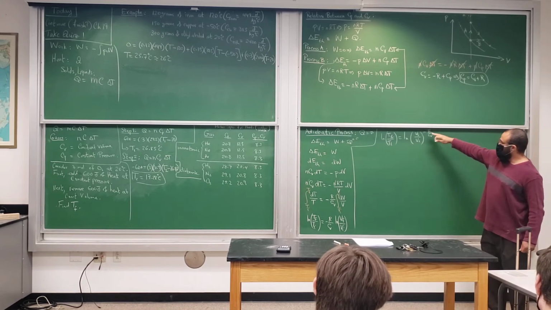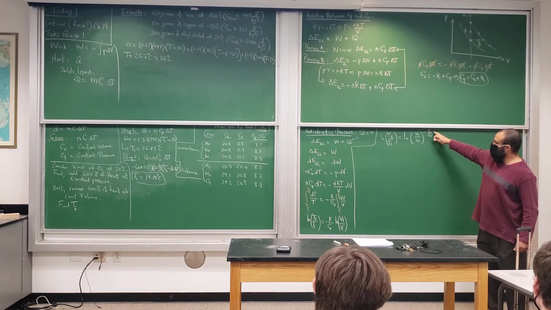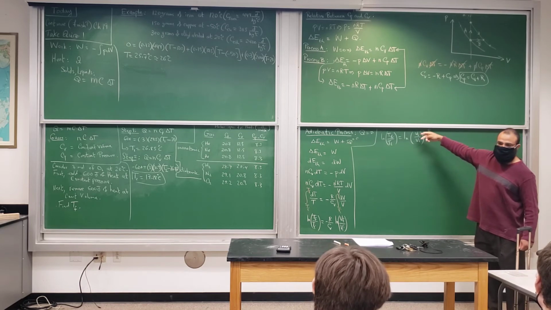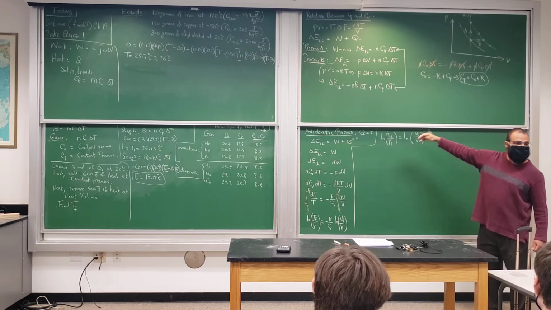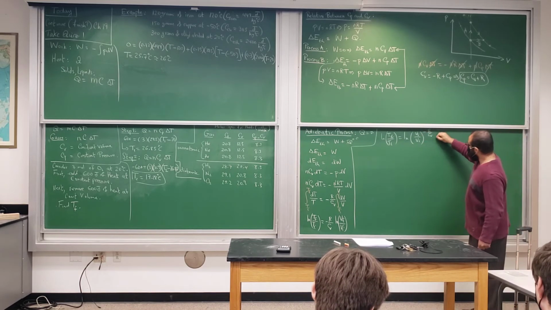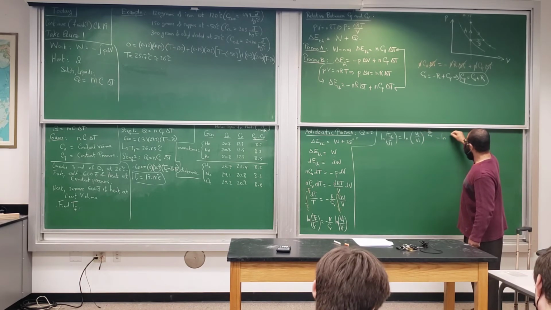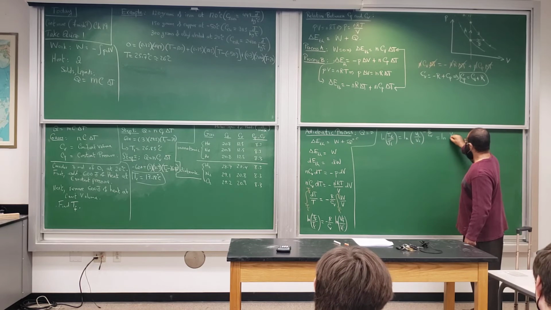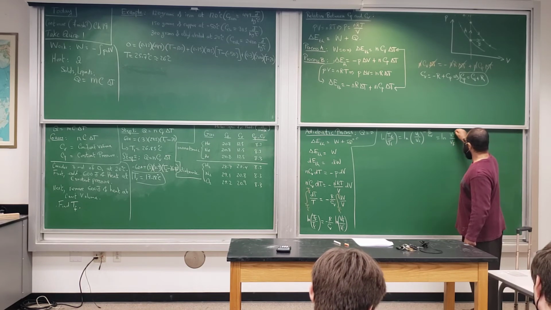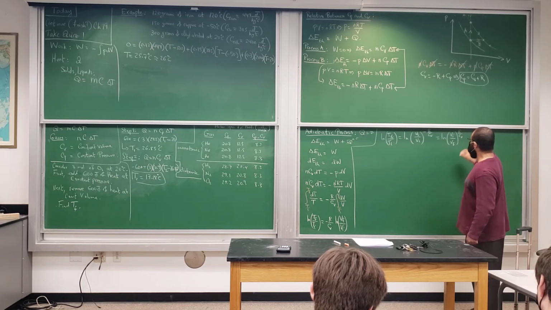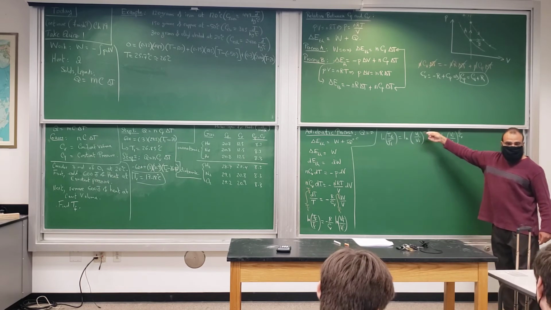And something to a negative power, I can make the power positive but flip the fraction, because something to the negative means 1 over. So I can write it as ln of V initial over V final to the R over CV, right? Again, the minus sign, I just flip it.